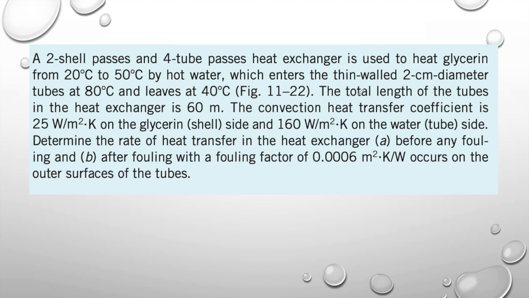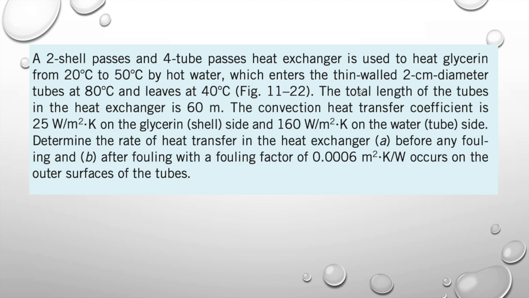Because these two chapters only focus on how to calculate the convection heat transfer coefficient for external and internal forced convection. In this question both of them have already been given, so you will not need to find h for both the external and internal sides.